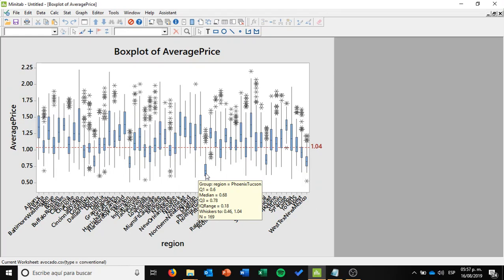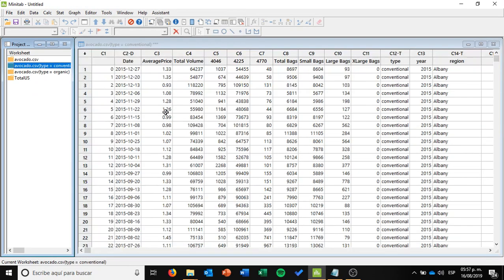So what if we analyze Phoenix then to find out what is happening and why there are some outliers that, as you can see, are the only points beyond the US median that we found before. So let's find it out. Let me go again to my table. Remember that here I'm locating all the cities, all the regions, according to conventional avocados.